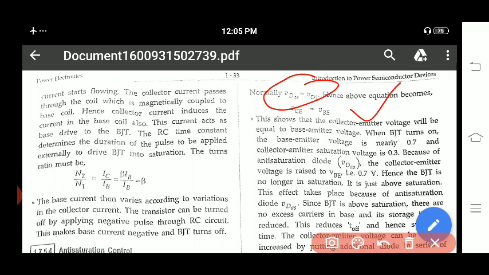When the BJT turns on, base to emitter voltage is nearly 0.7 volt. But collector to emitter voltage would normally be 0.3 volt.